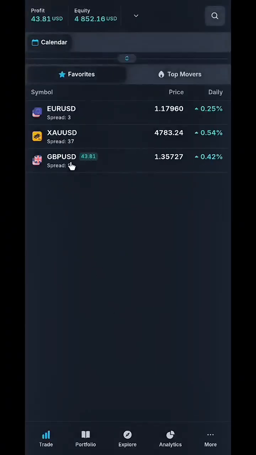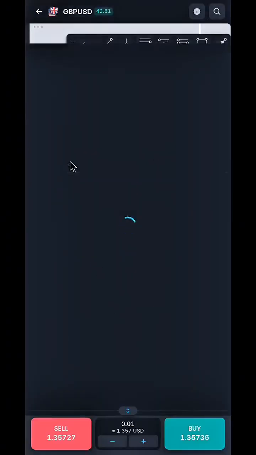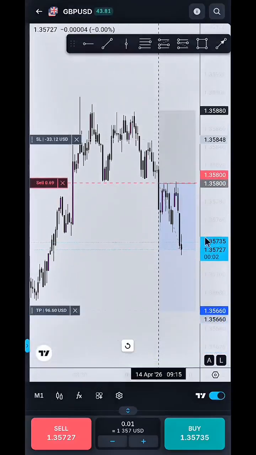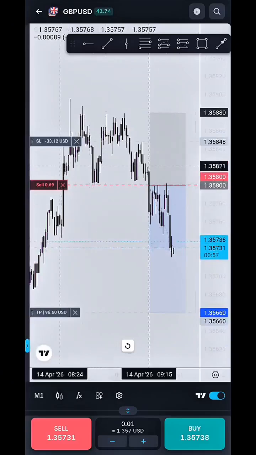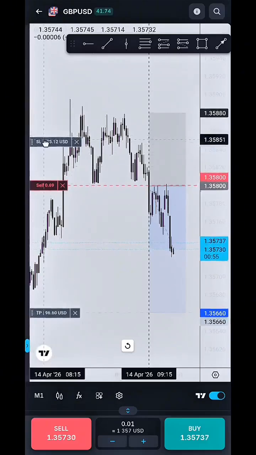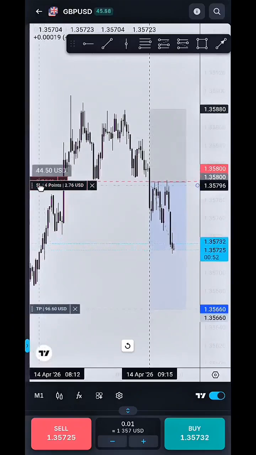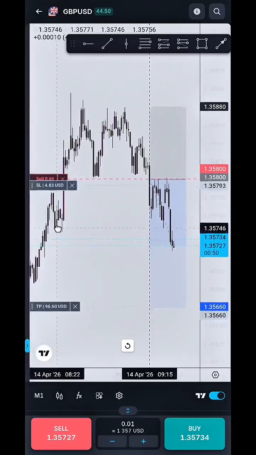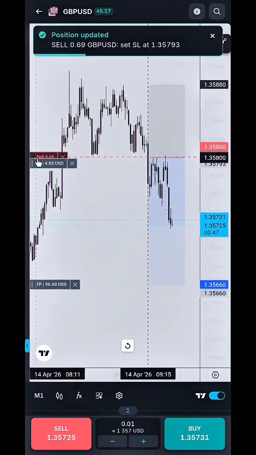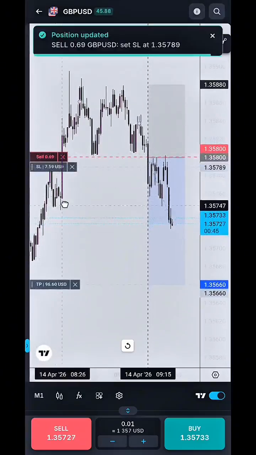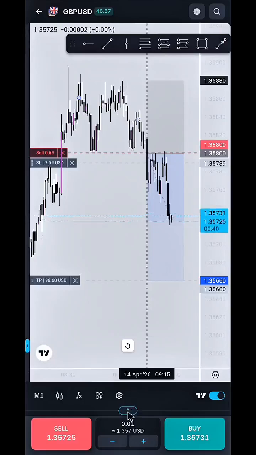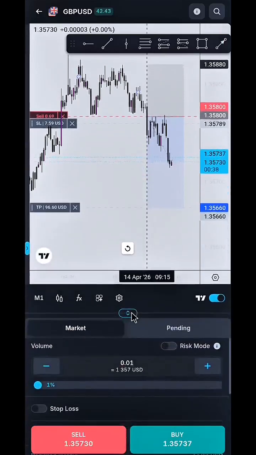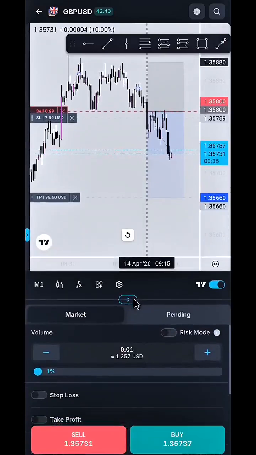Because I am trading against the higher time frame trend, I don't want to fidget with the trade. I'm going to go break even, and you can see that price reached almost a 1-on-1 risk to reward ratio. I technically should be out fully on this trade, but I'm break even.